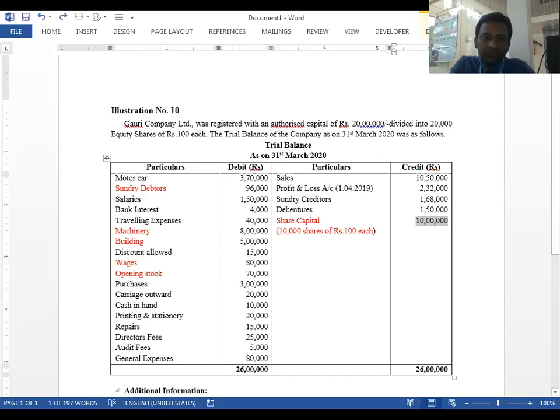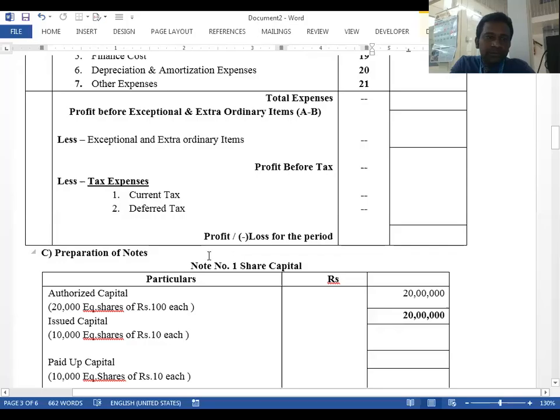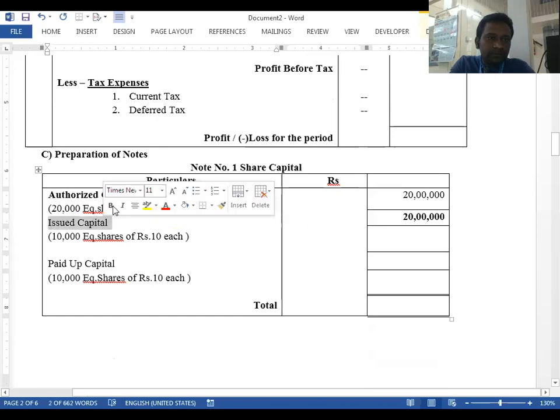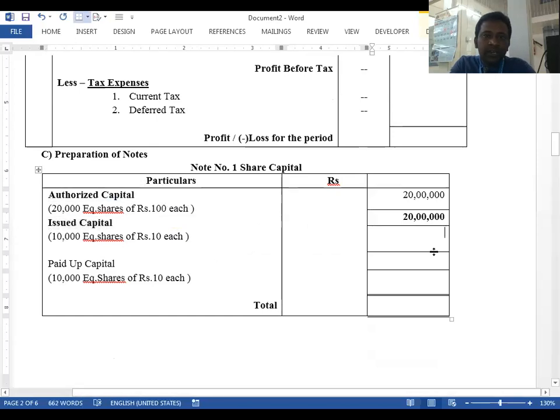So notes number 1, issued capital. 10,000 equity shares of rupees 100 each. Similar amount is paid up.